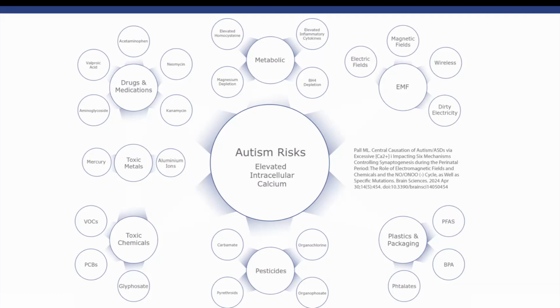And we have four categories of pesticides as well, and packaging and plastics. So the PFAS, the Teflon from the movie we talked about, The Devil We Know, BPA and phthalates. And then of course the EMF that we'll get into, electric fields, magnetic fields, wireless, and dirty electricity. All of those factors raise intracellular calcium.